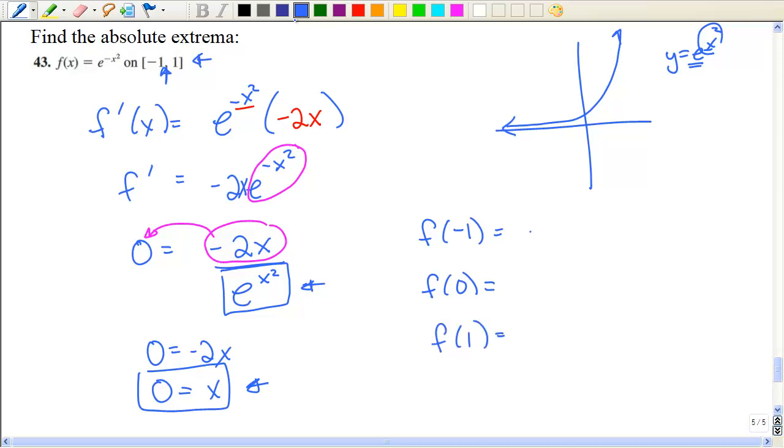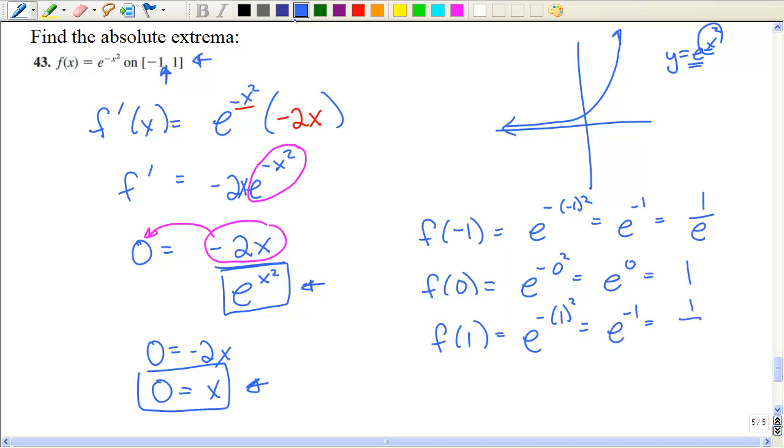All right, so I'm going to need this to be negative. This is e raised to the negative of negative 1 squared. So that's e to the negative 1, which is 1 over e. This is e to the negative 0 squared, which is e to the 0, which is 1. Anything raised to the power of 0 is always 1. And then here we have e to the negative 1 squared. All right, so those are the same.